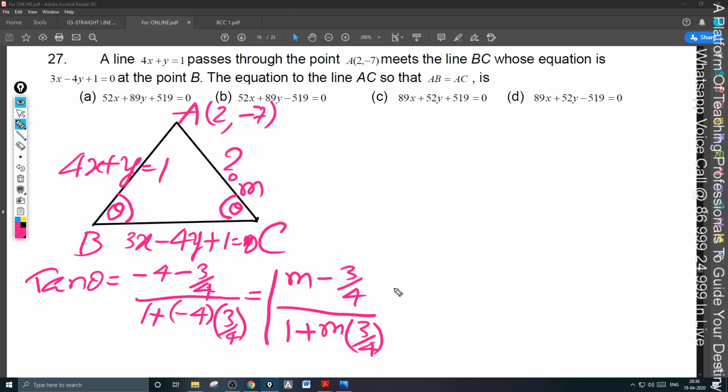This is what we did. Both are tan theta. That is why I applied the tan theta formula for both of them.